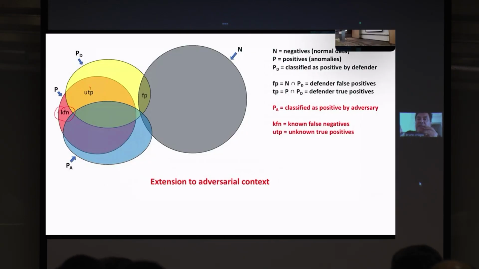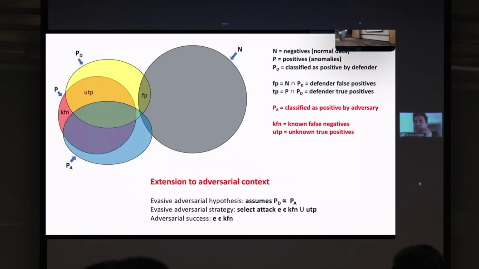And then there are the unknown true positives. These are the true positives for the classifier of the defender that are not true positives for the classifier of the attacker. So the attacker may choose these as anomalies that go undetected, but they actually raise an alarm. They get detected by the defender's classifier. Okay, so this is the situation.